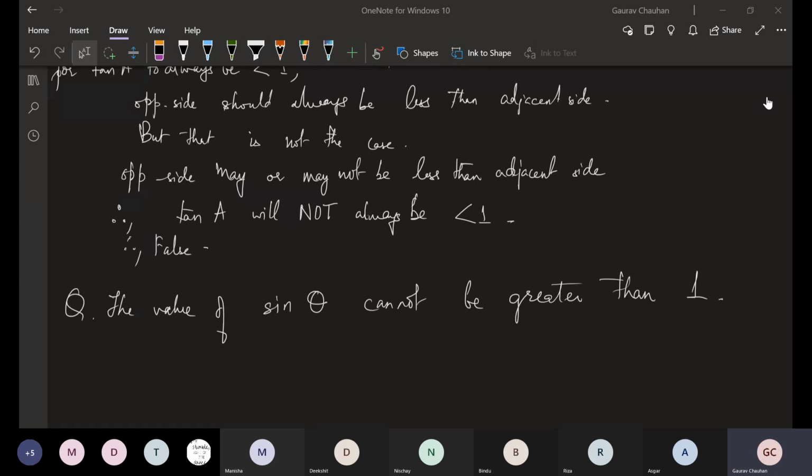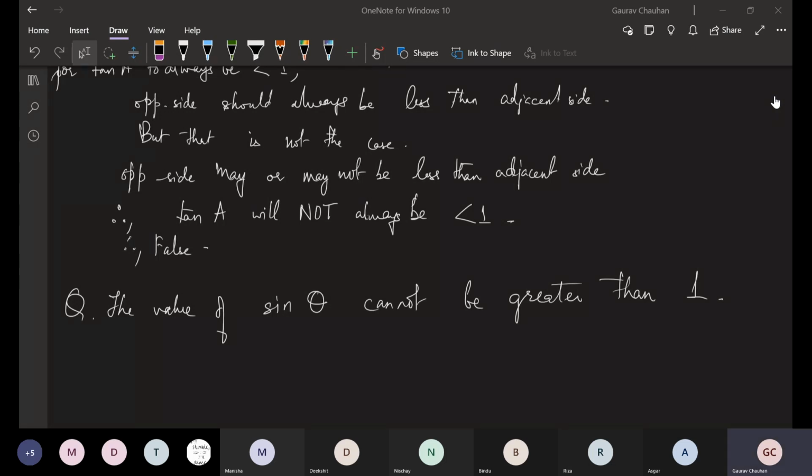Manisha also just answered. We'll see if someone else is there. If you have understood the first one, you should be able to tell this answer. Same approach we're going to be taking.